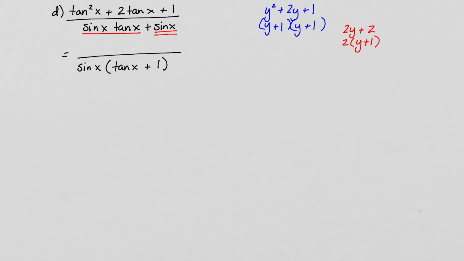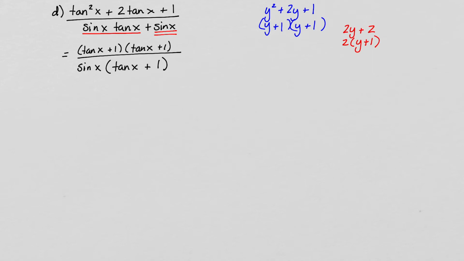So the thing is we don't have a y, right? What do I have instead of a y in my original problem? Yeah, I have a tangent. So this is going to factor into the tangent of x plus 1 times the tangent of x plus 1.